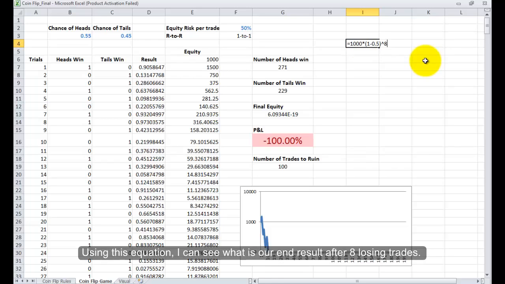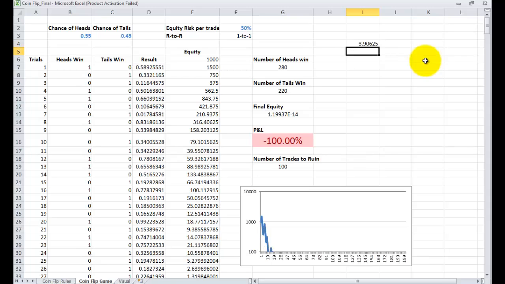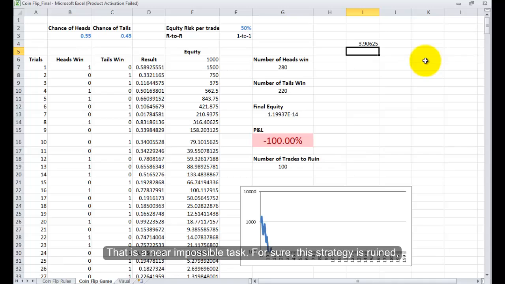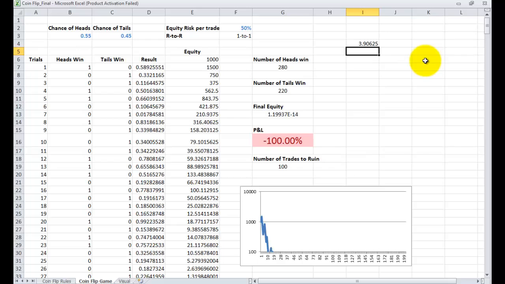Using this equation, I can see what is our end result after 8 losing trades. We will be left with $3.90. With $3.90, we have to make back 250 times of our capital in order to reach our original equity of $1,000. That is a near impossible task, and for sure, this strategy is ruined.